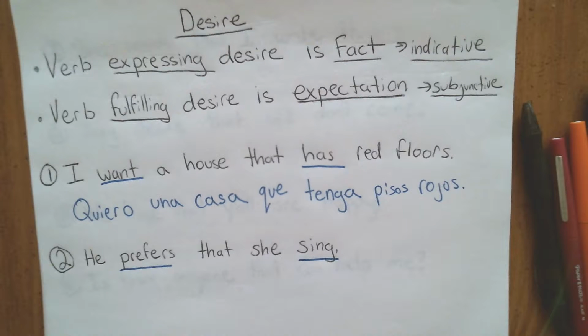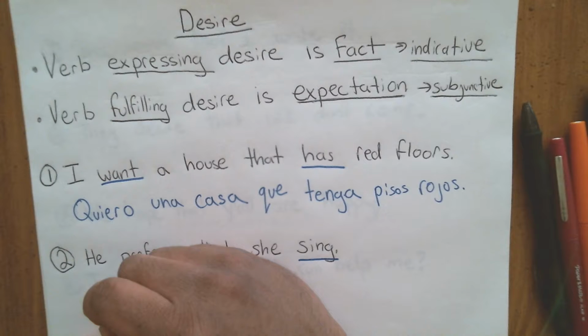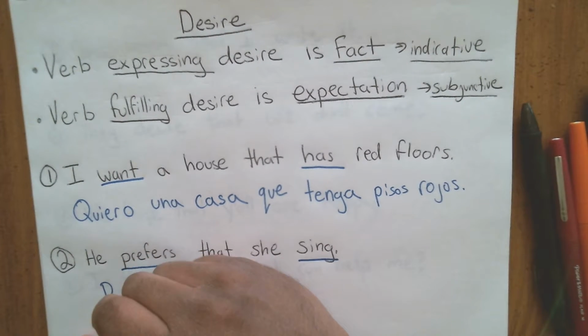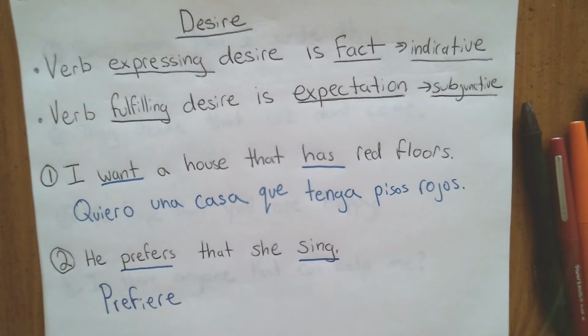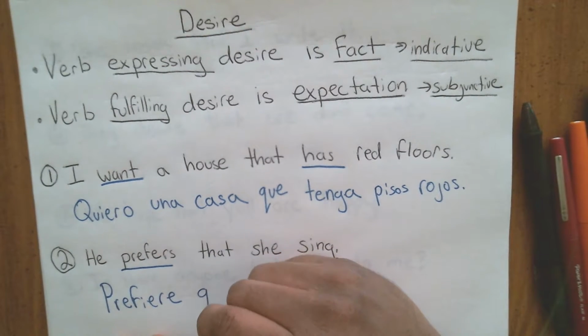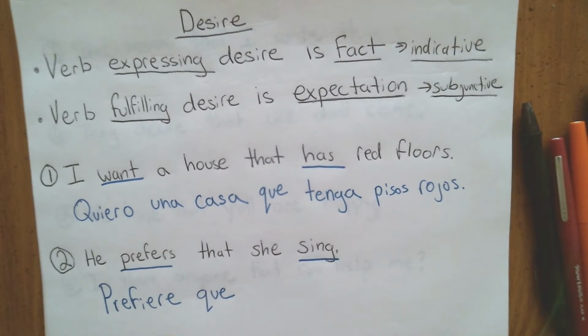All those verbs that are expressing a want, your want is actually happening right now. You are actually experiencing a desire. So for he prefers, it's just prefiere. Okay? Pretty straightforward. Nothing confusing there. He prefers that. Prefiere que. Now we get into the realm of expectation.